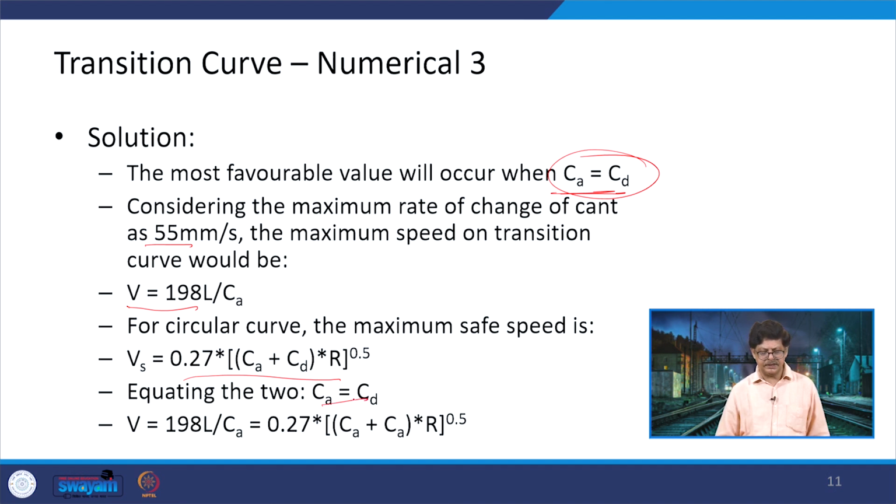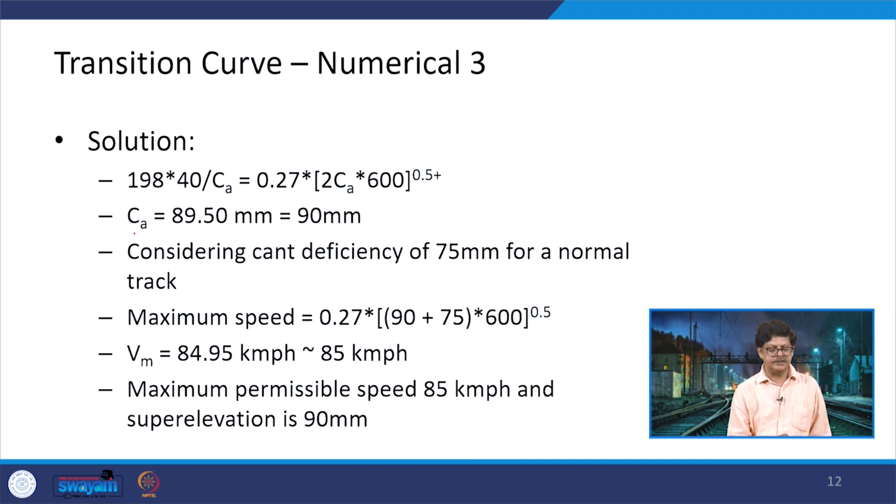So, if we use that condition here, it becomes CA plus CA and it is being equated with the previous condition. Both of the values have been equated now, and when we equate both of these values, what we get is CA equals 89.5 or 90 mm.